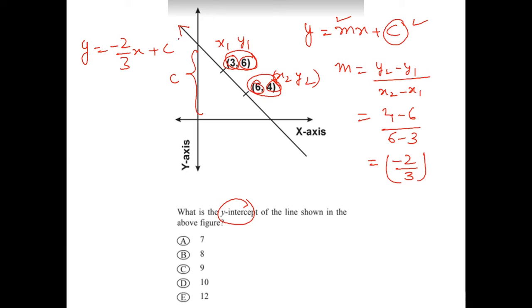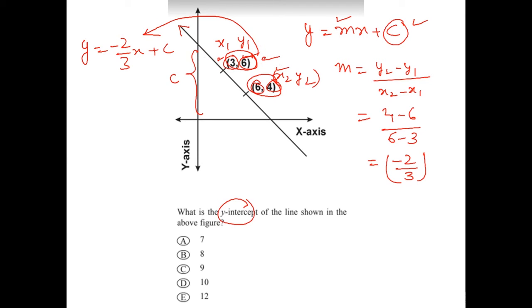Now another thing that we can use from the information given to us is that since these 2 points lie on this line, these 2 points would satisfy this equation. So either of the 2 points, if we put the values of x1 and y1 in place of x and y, these points would satisfy the equation.